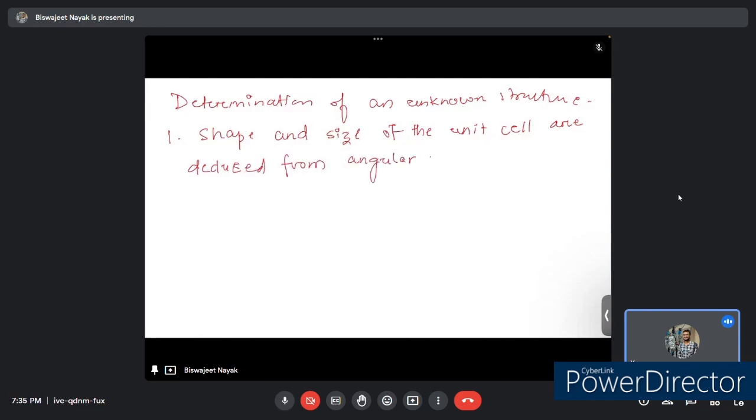So the determination of unknown structure can be done in the following way.